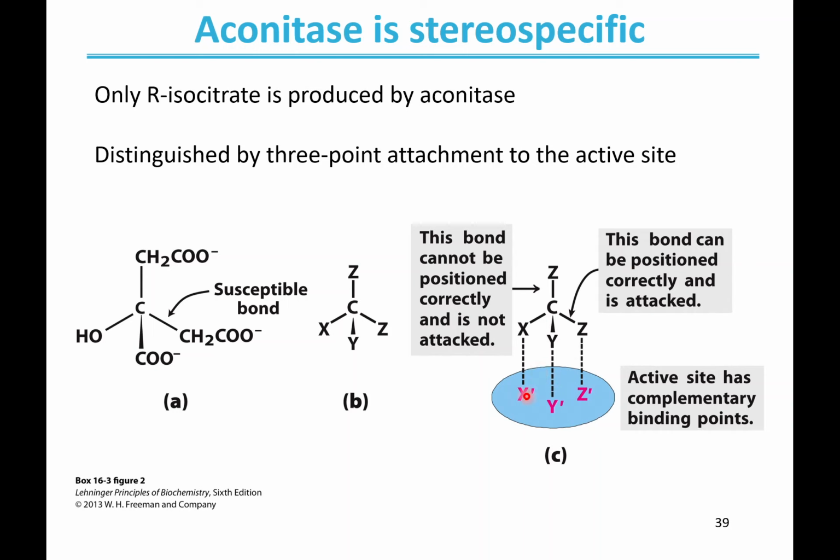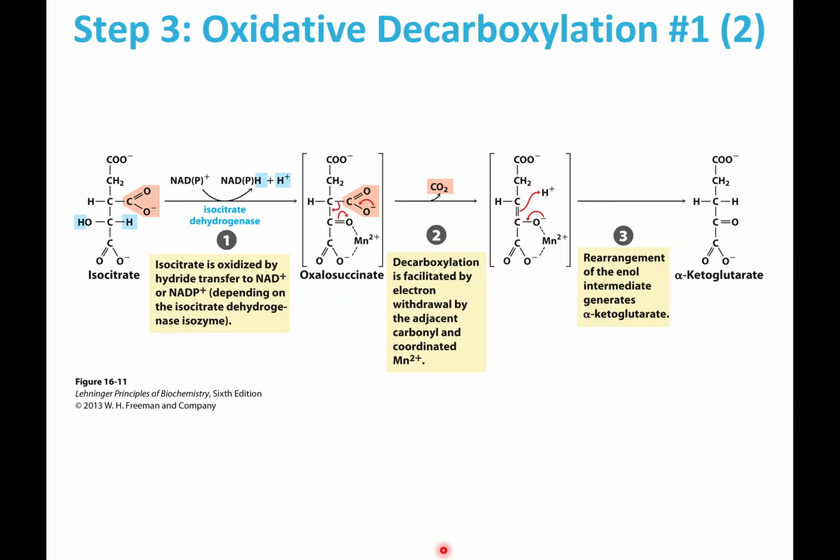When that interacts with the active site, it only interacts to where that bond can only be positioned in one spot. Okay, so there are complementary binding points in the active site that gives it this stereospecificity.